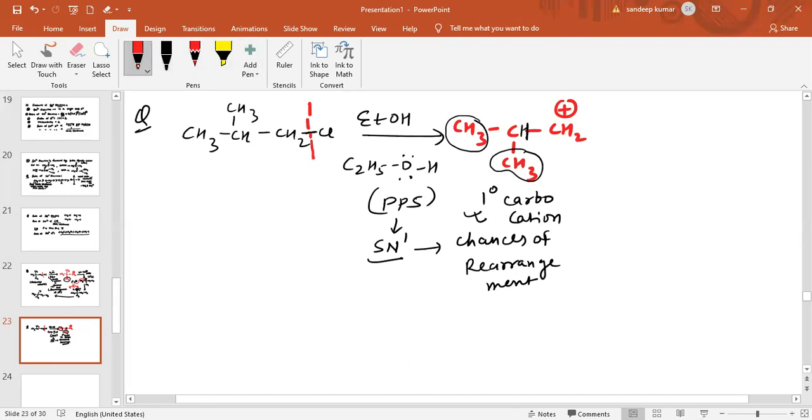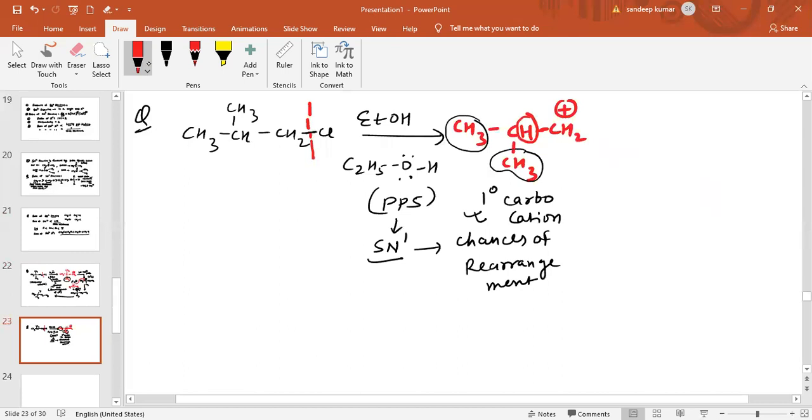So you can write this hydrogen also. Write this in a proper way: two CH3 groups are there and one hydrogen is there.